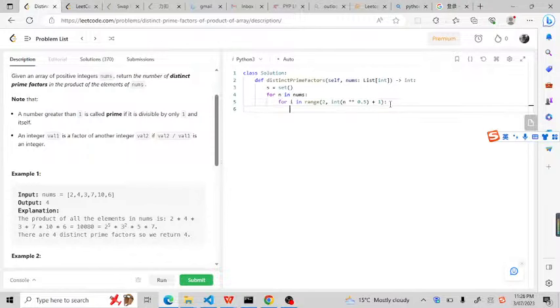Let's continue. Let's first start from i, and here let's start from z. It means two numbers. i is the first number, a big number, and z is a smaller number.